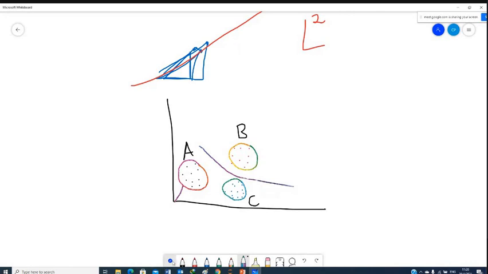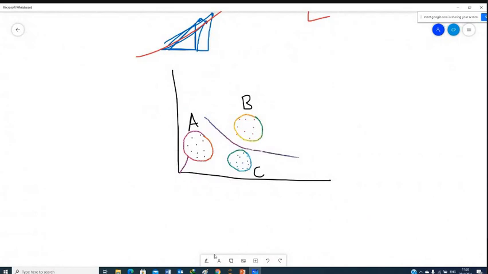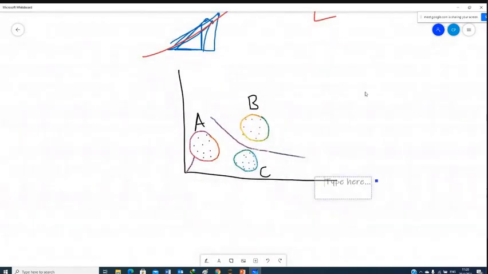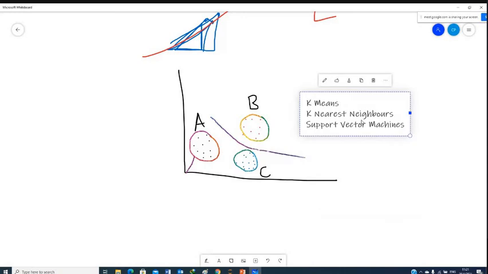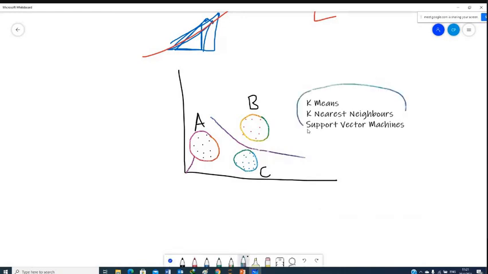So if we look at algorithms like k-means, k nearest neighbors, support vector machines, all of these algorithms depend on using some kind of LP norm.